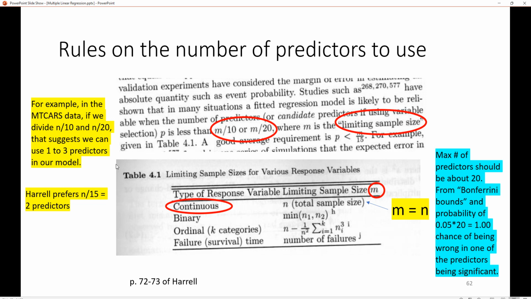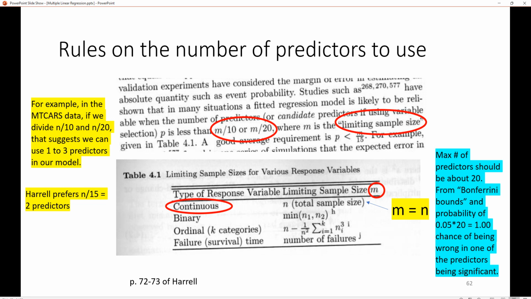So since m equals n, if we divide n by 10 and n by 20, that suggests that we can use 1 to 3 predictors in our model. Harrell prefers using n divided by 15, which is 2 predictors. So about 2 to 3 predictors is about as much as we'd want to use in a regression model.